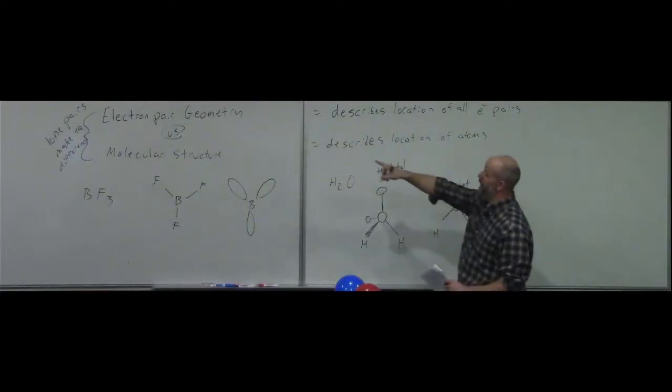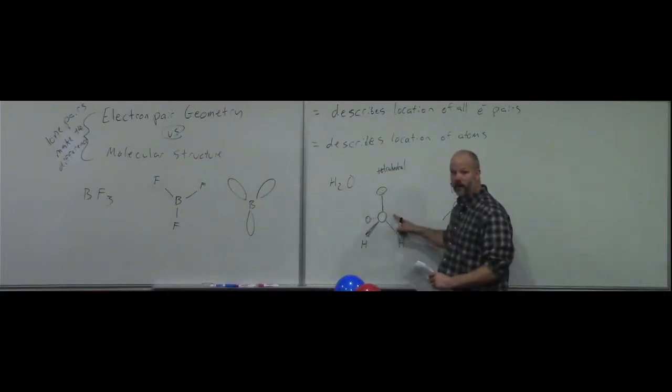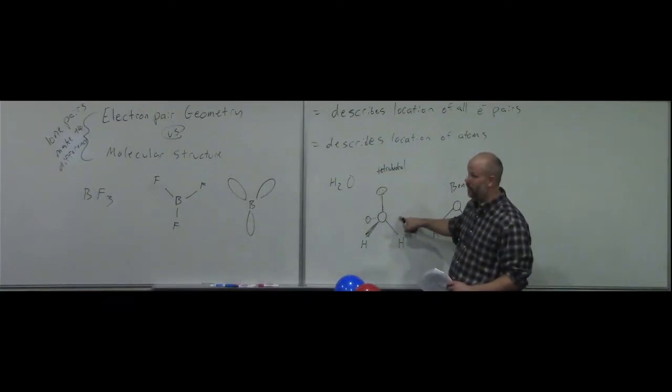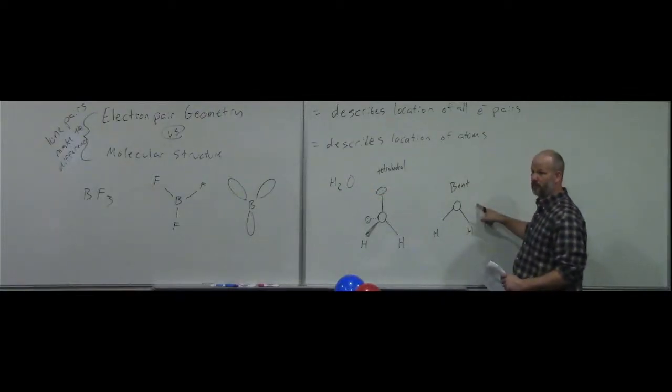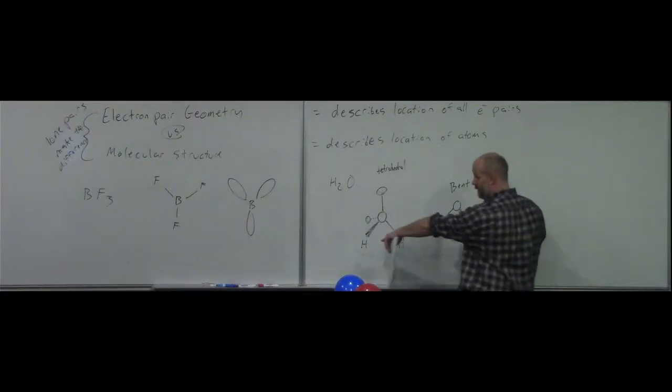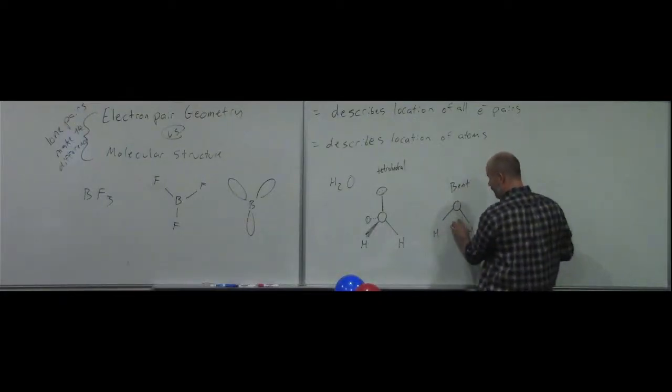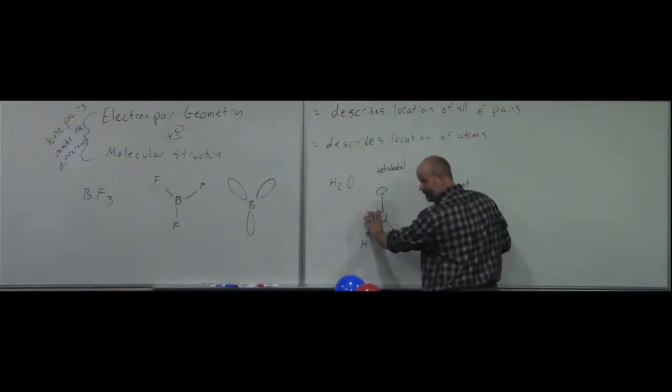So the electron pair geometry of water is tetrahedral, but the molecular structure of water is bent. They're related. I can't accurately determine this without considering this.